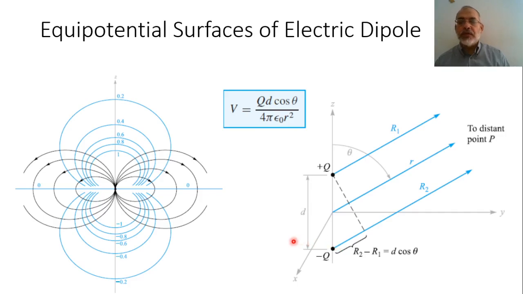And in the previous video, we have seen that the surface of any conductor, or the interface between a conductor and air, represents an equipotential surface.